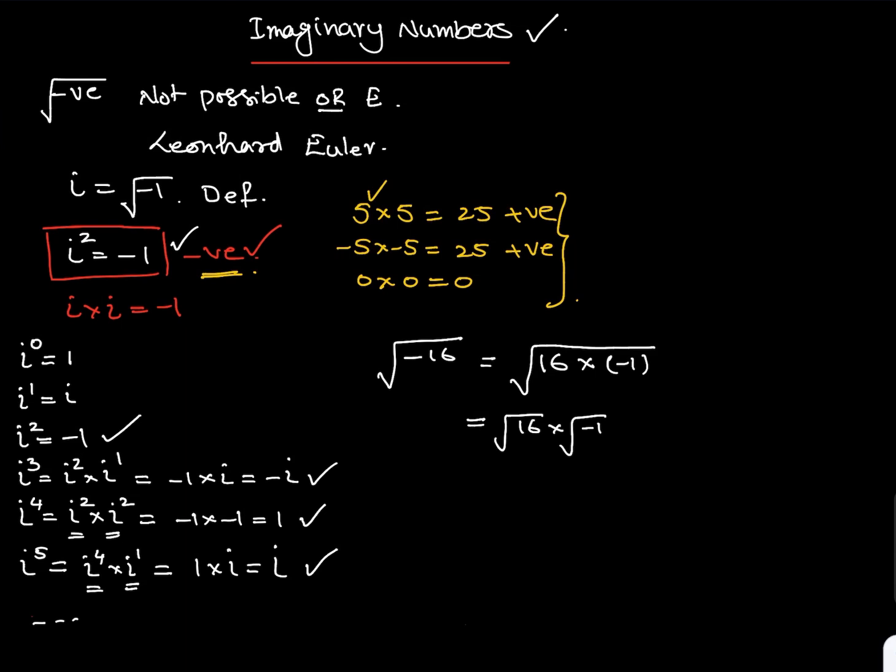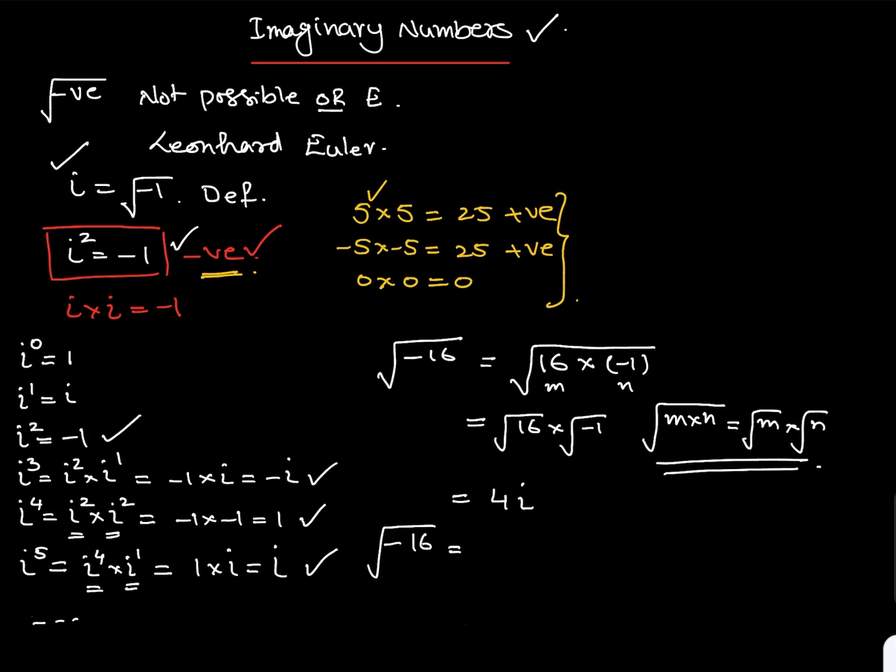As you know, the law of radicals: the square root of m times n can be written as the square root of m times the square root of n. This is the law of radicals. This is our m and this is our n. They both can be written separately. The square root of 16 is 4, and the square root of -1 is i. This is actually our definition. This is 4i. So the square root of -16 is equal to 4i.